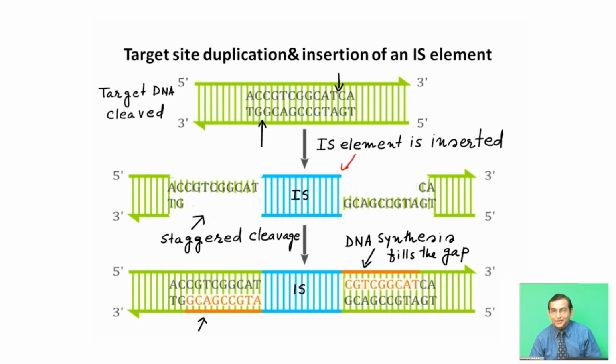DNA synthesis then fills the gap. So a target site duplication occurs and transposition takes place. This is the mechanism by which transposition occurs. This is also called cut and paste type of transposition.